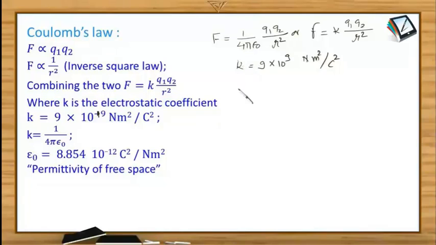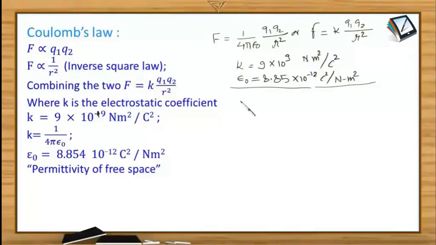So the electrostatic coefficient K is written as 1 upon 4 pi epsilon naught, and the value of epsilon naught is 8.85 into 10 to the power minus 12 Coulomb square per Newton meter square.